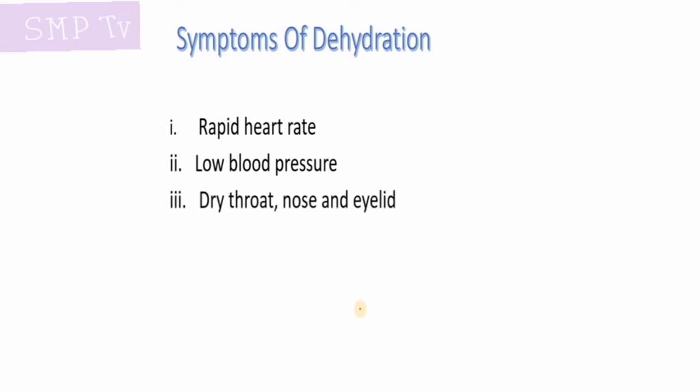And you'll be observing dry throat, nose, and eyelid. You'll be having thirst, and then muscle cramp. Since there is no water in your system, your muscle will cramp. It will look like an old person, like an 80 or 90-year-old man or woman. That's it.